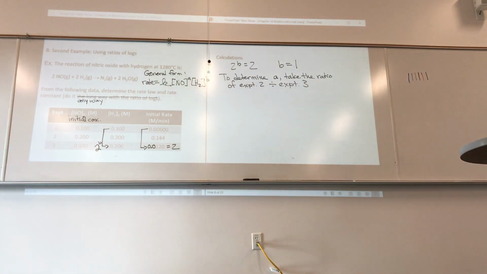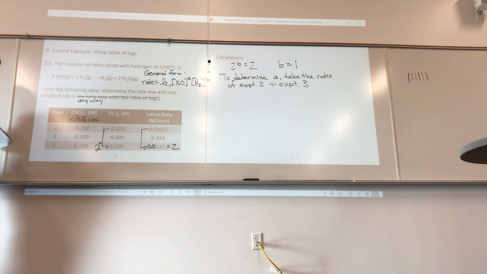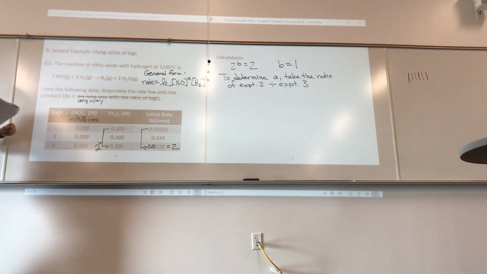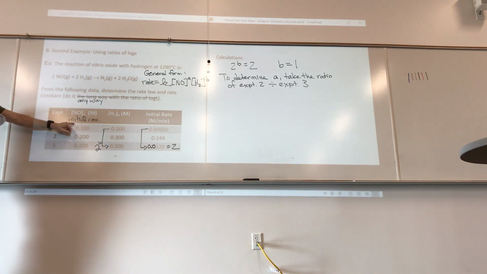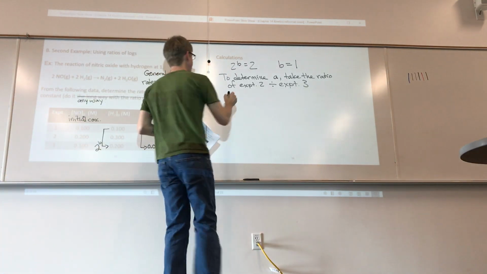And we could have taken any ratio of experiments. It doesn't matter. Well, we couldn't have taken any. Oh, we couldn't take 1 and 3. We could take 1 and 2 or 2 and 3. It doesn't matter. But this has to change. So what that looks like.